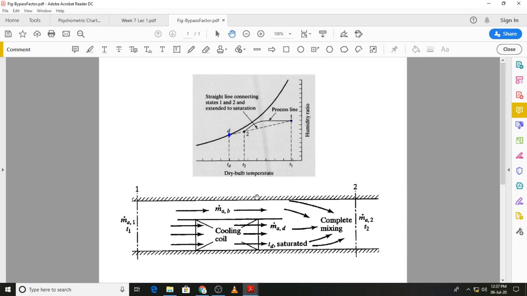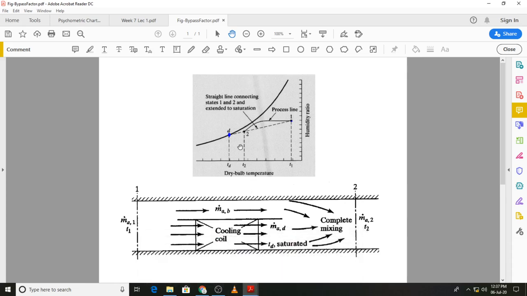So that is how we replace or simulate the actual process by dividing the airflow into two streams, one which is unaffected by the cooling coil and the other which is perfectly cooled by the cooling coil, and then the two streams are mixed together to get the same state as the actual state.